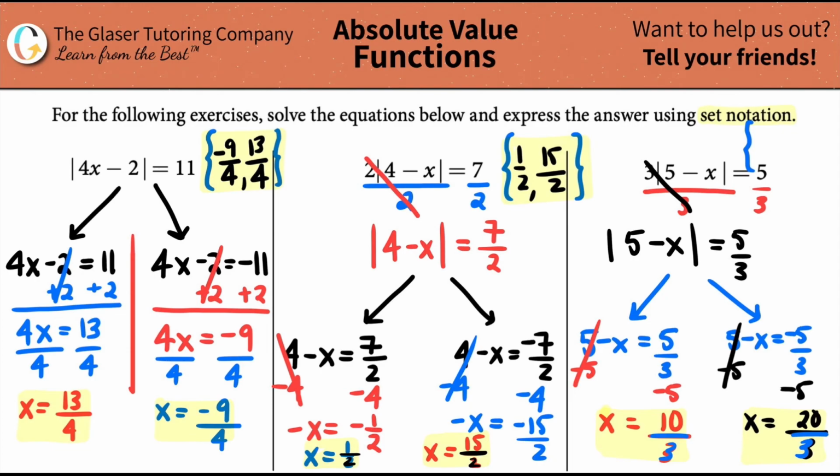Which one is smaller and which one is larger? 20 is larger than 10, so that means that this has to be bigger than this. So this number will come first: 10 over 3, comma, 20 over 3. Oh, yeah. And that's your set notation.